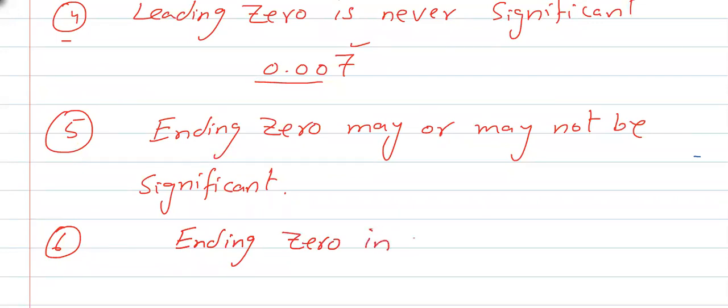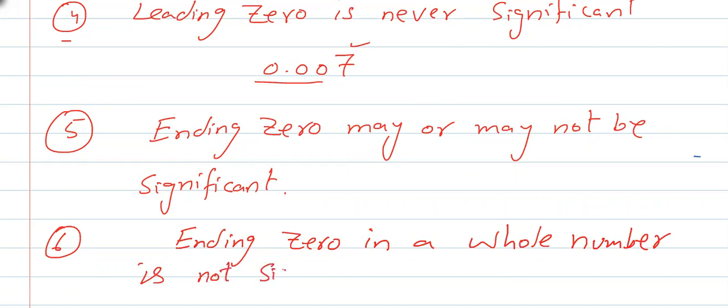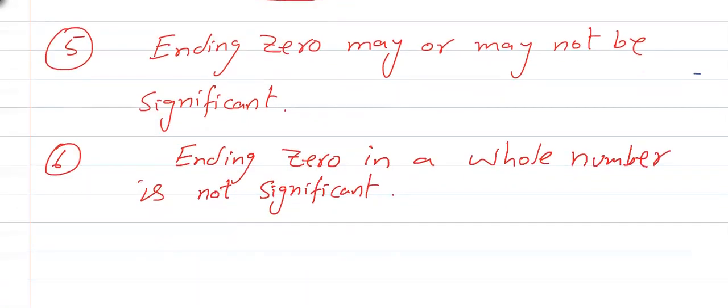Ending 0 in a whole number is not significant. That means if the number doesn't have a decimal, then the ending 0 will not be significant.